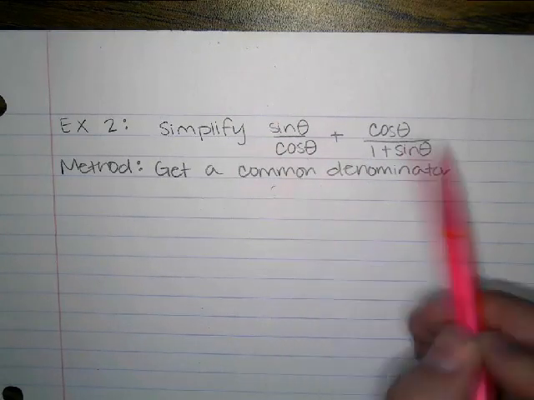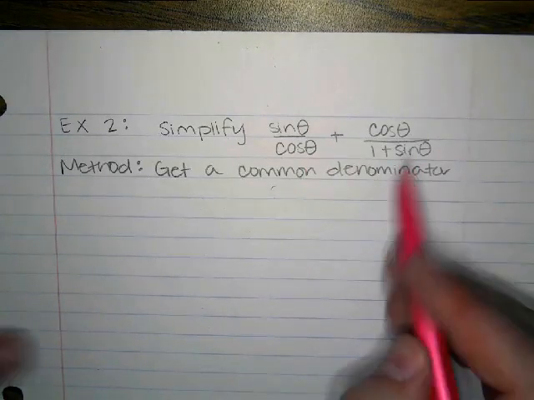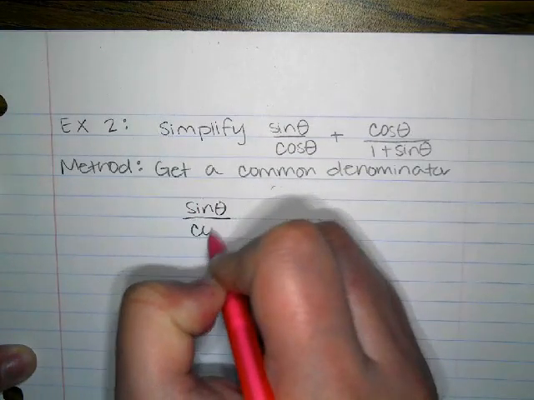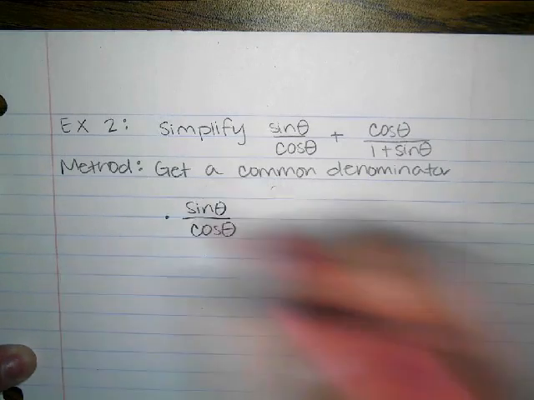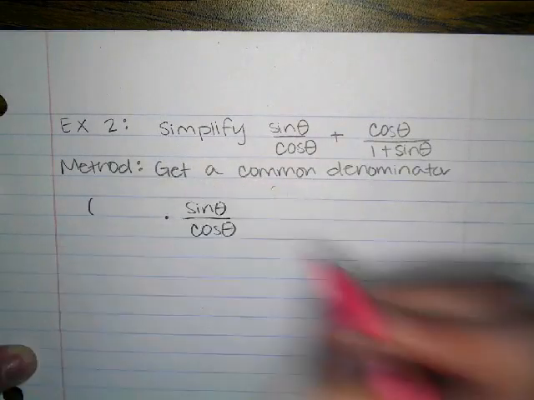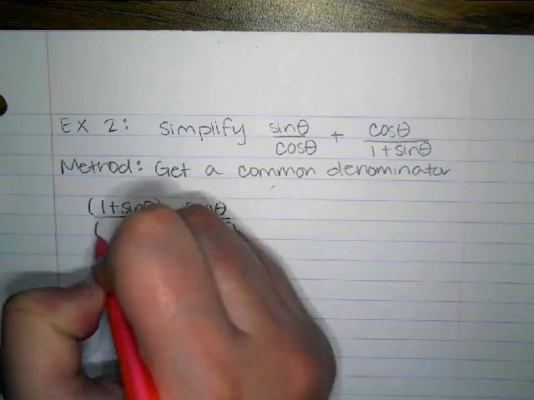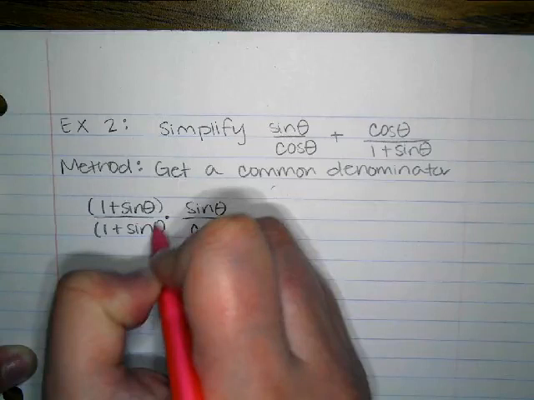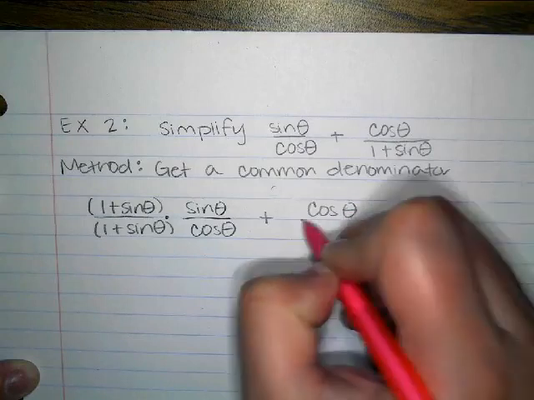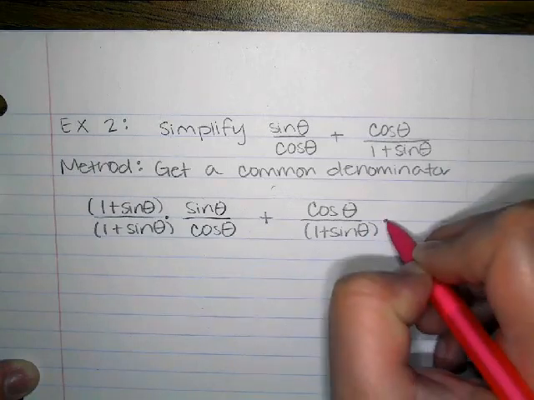So I'm going to start with the sine theta over cos theta, and I'm just going to multiply it by the denominator of the other one. So I'm going to multiply it on the top and the bottom: 1 plus sine theta on the top, 1 plus sine theta on the bottom. And then I'll write the second fraction, and multiply it by this denominator on the top and on the bottom.